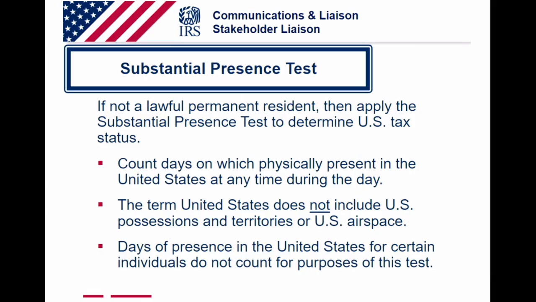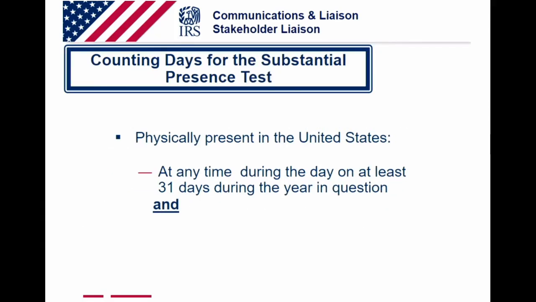Note that the term United States here does not include U.S. territories or U.S. airspace. Certain days of presence in the United States may not count for the purpose of this test.